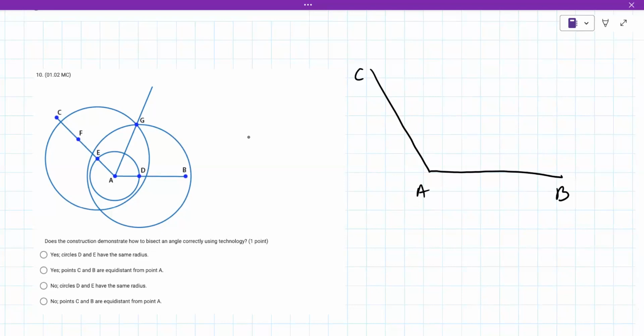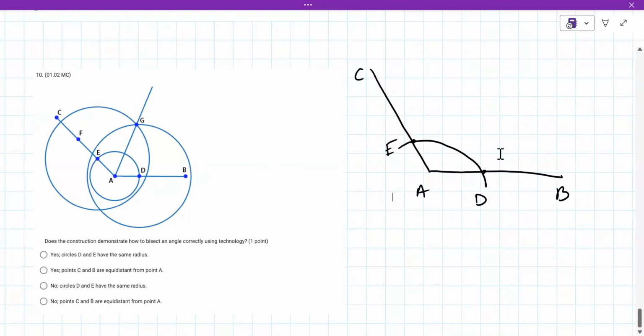Okay, here's how they did it. It looks like they went from E to D first. So they swung an arc like that, and they went all the way around. They did the full circle here. But they got those points.